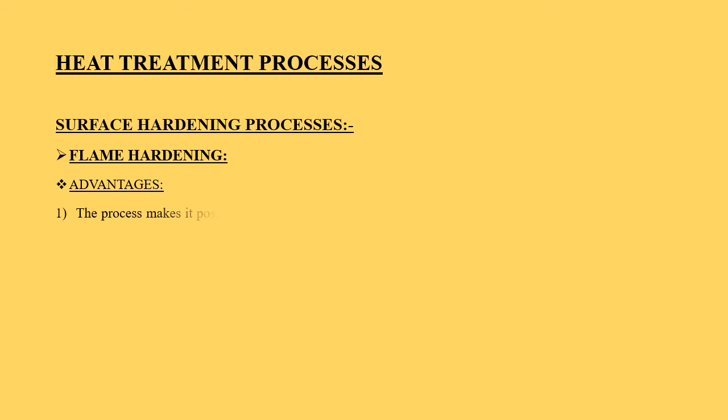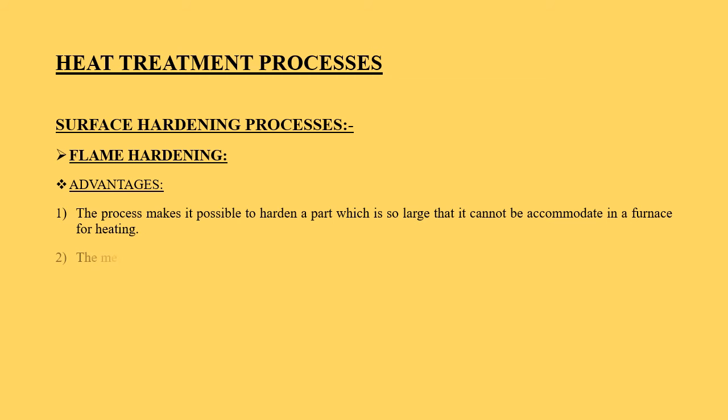The advantages of flame hardening method are: the process makes it possible to harden a part which is so large that it cannot be accommodated in a furnace for heating. The procedure is quick.